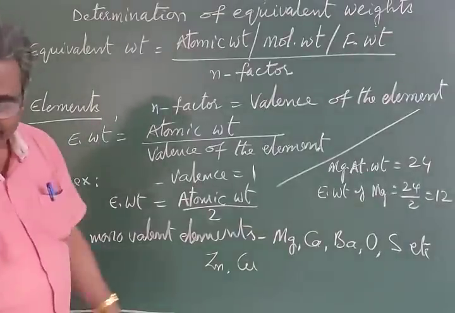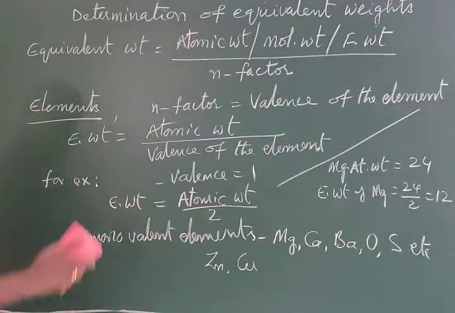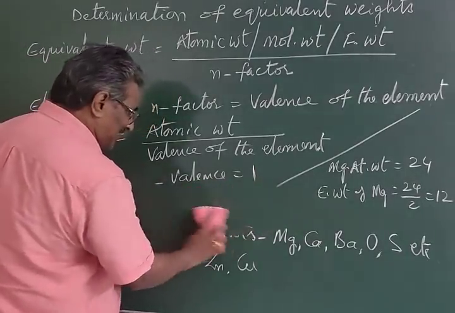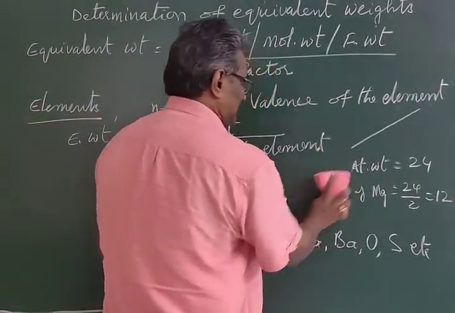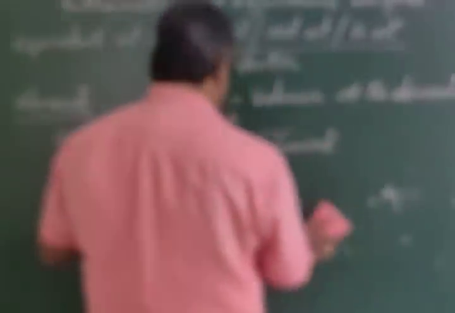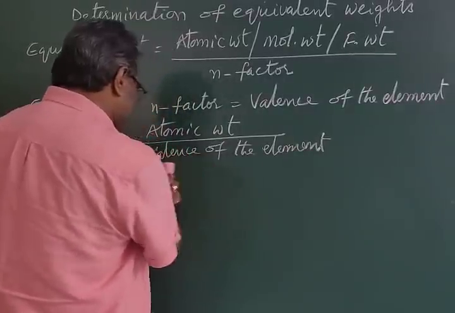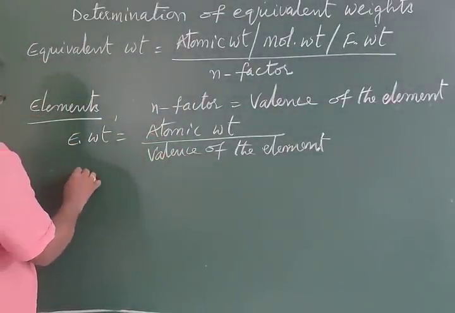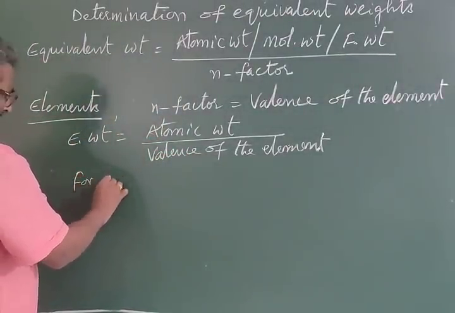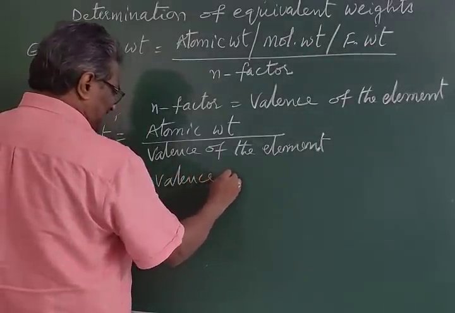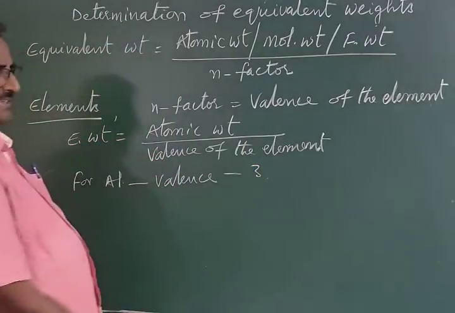For trivalent elements like aluminium, the formula is same, atomic weight by the valence of element. What is the valence of aluminium? 3.